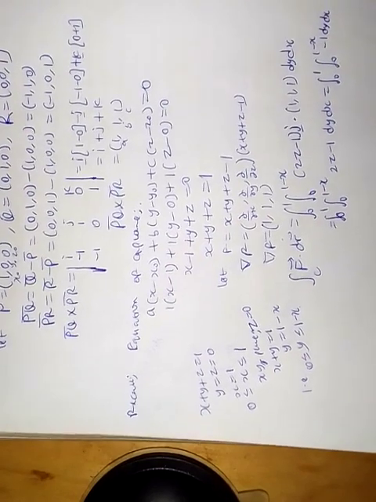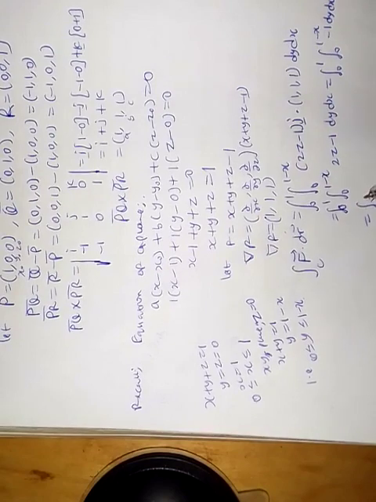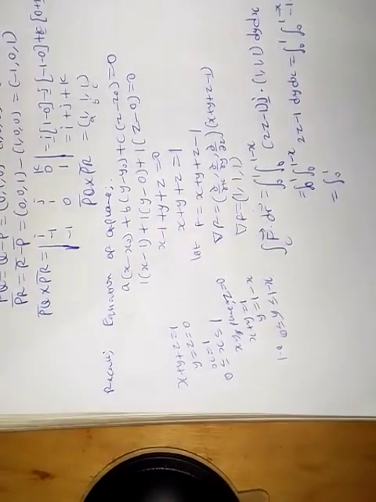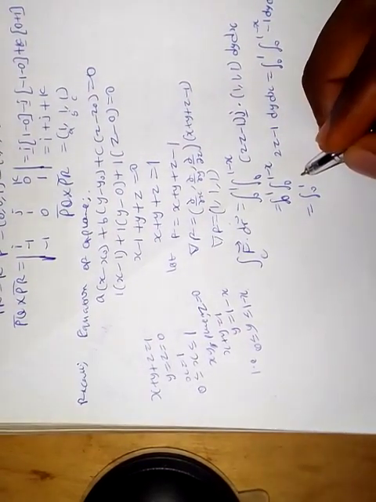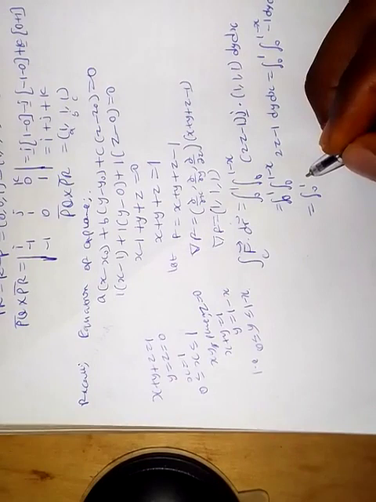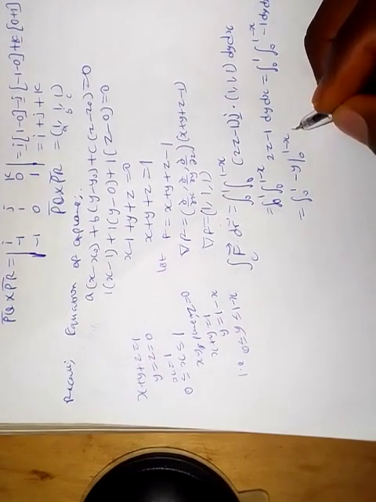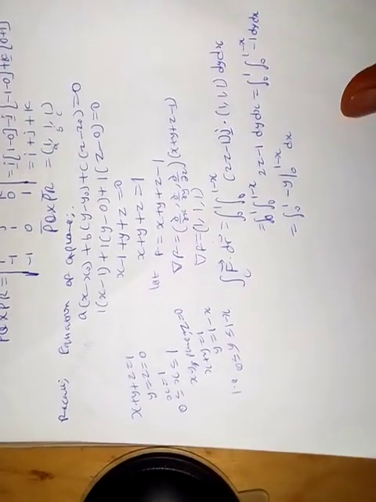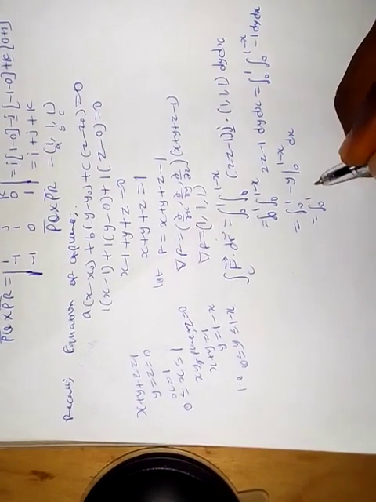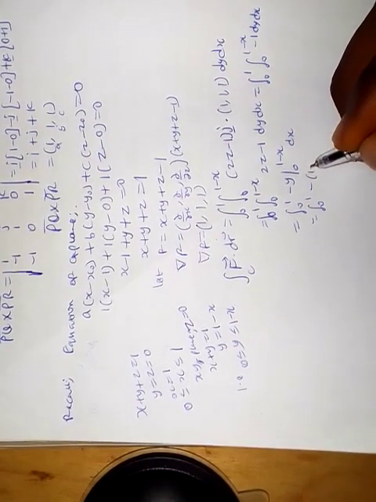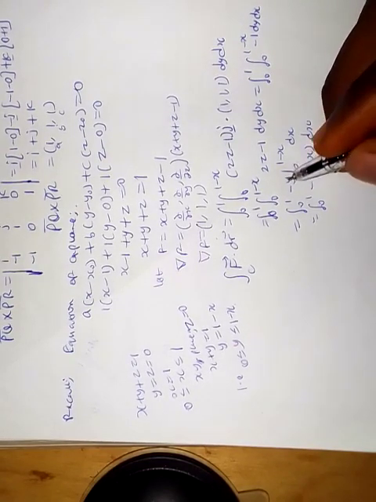So we can now integrate. Doing so, we have 0 to 1, and when we integrate with respect to y, we have minus y, evaluated from 0 to 1 minus x, and the rest remains. So now we plug in our values here. We have 0 to 1 of minus 1 minus x dx.